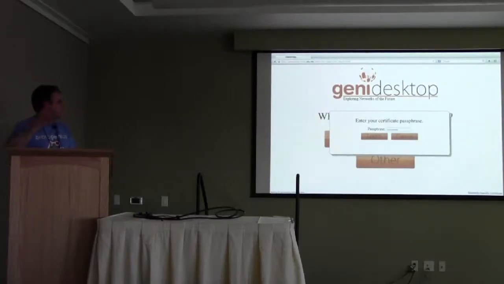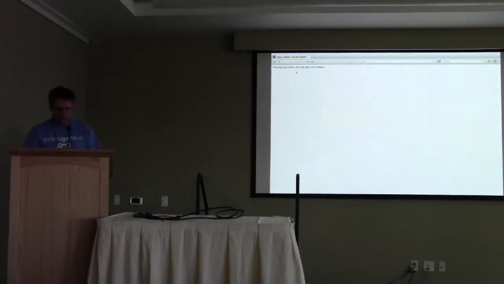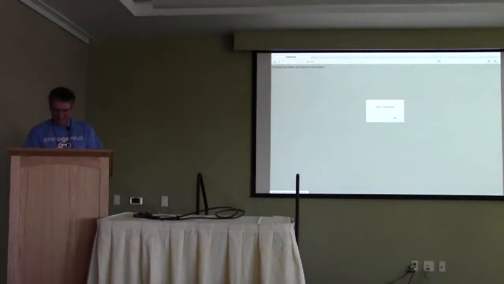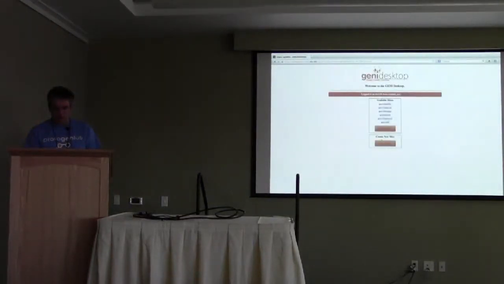And when this comes up, it's going to give me a list. There we go. So this is the list of all the slices that I have already created. We'll go back and look at some of these slices later. It also gives me the ability to create a new slice using the FLAC tool.